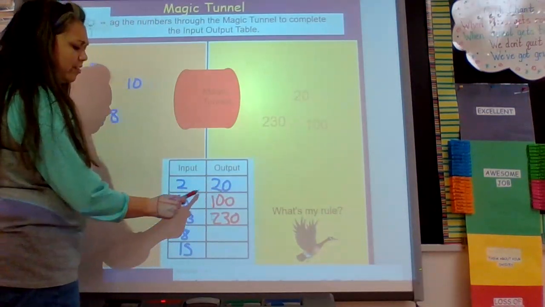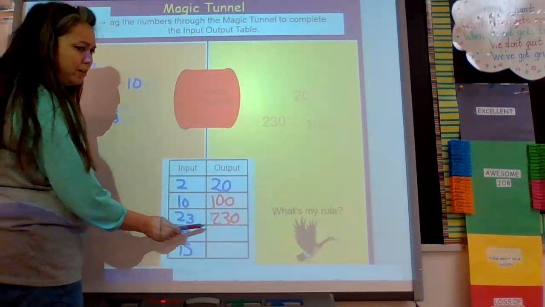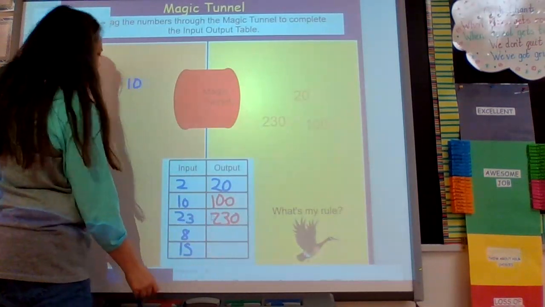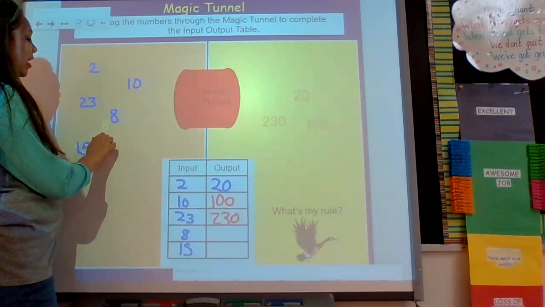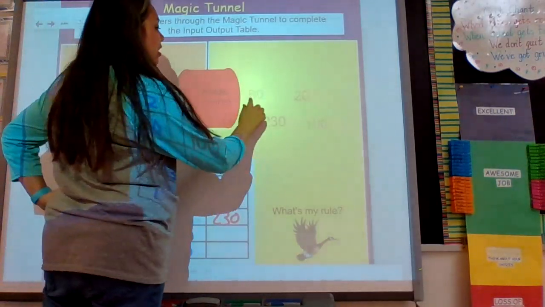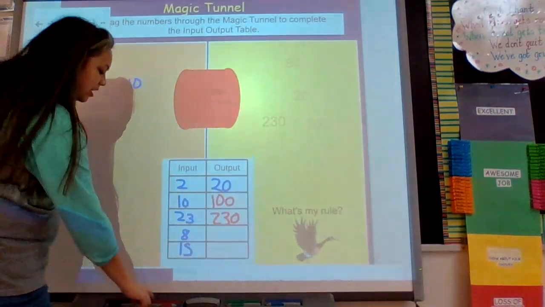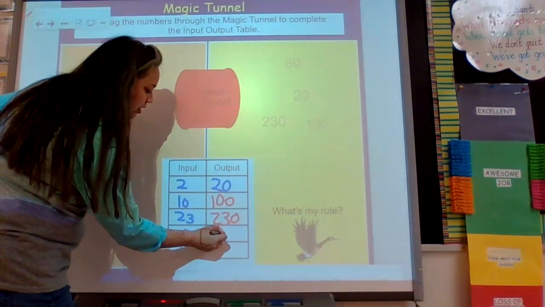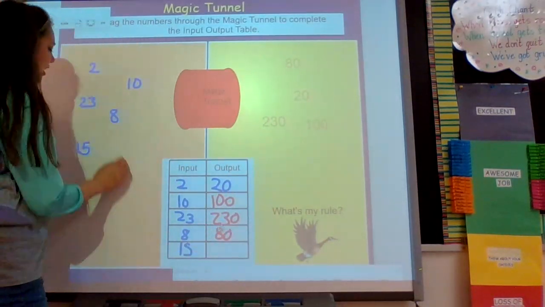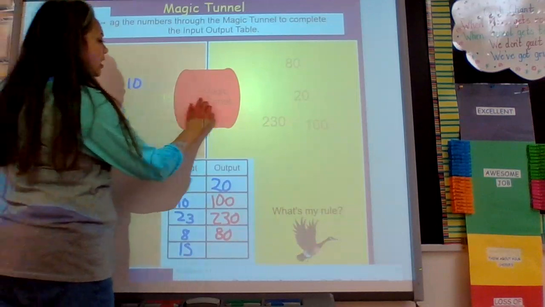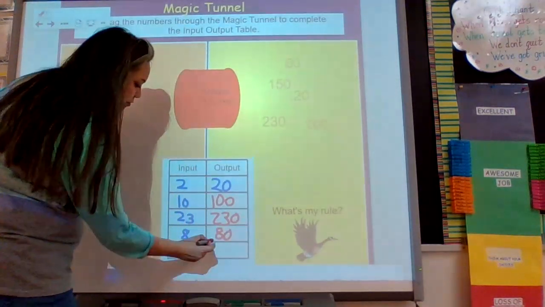What pattern do you kind of see going on in these numbers? You see a pattern yet? Uh-huh. You at home are screaming the answer. 8 goes in, 80 comes out. If I put 15 in, you know what's going to come out? 150.